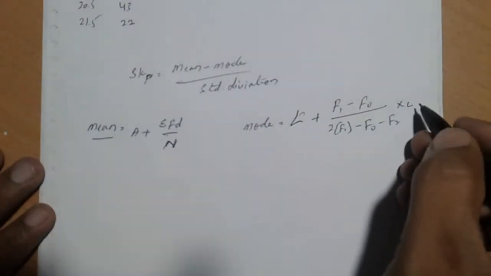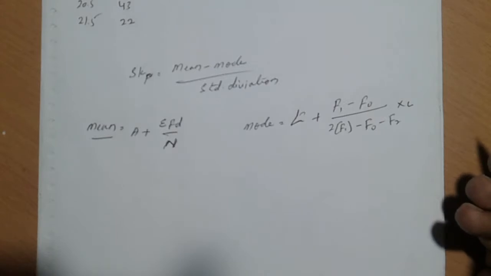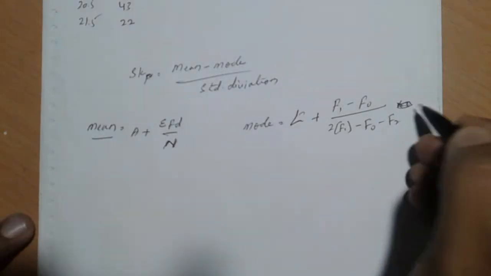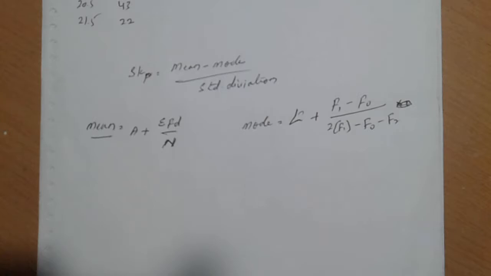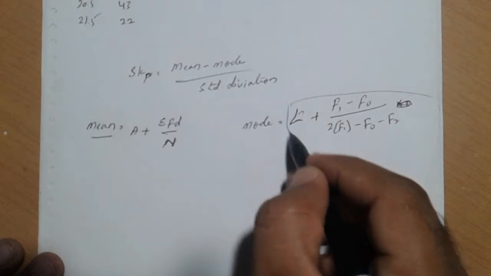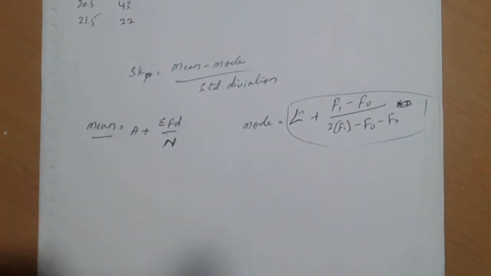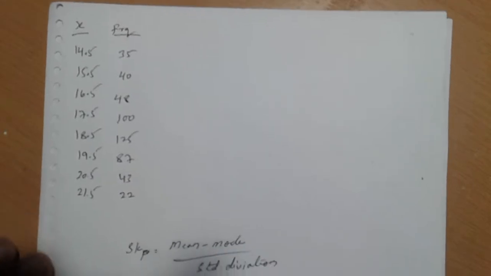Here c means common difference, but this formula is for continuous series. I'm just writing this formula for understanding, but for a discrete series we don't require it, because directly the most repeated item is known as mode.